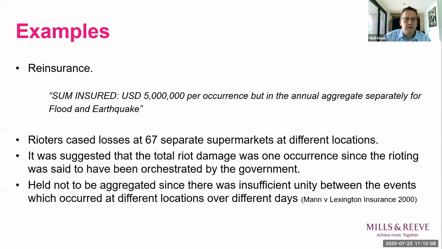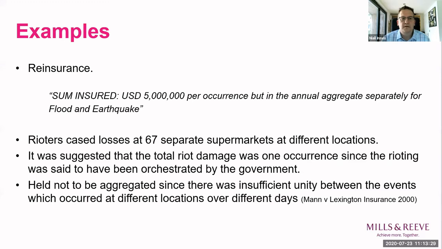We'll then look at an example that arose from reinsurance. The clause is there, $5 million US per occurrence, but in the annual aggregate separately for flood and earthquake. Now this is a rioting claim, it's not flood and earthquake, so it's just the $5 million per occurrence. And there were 67 separate supermarkets damaged by riots at different locations over different days.